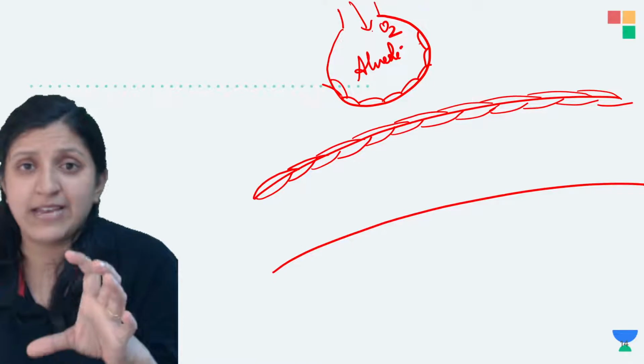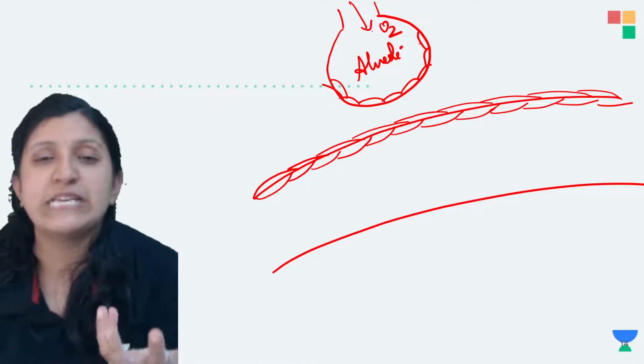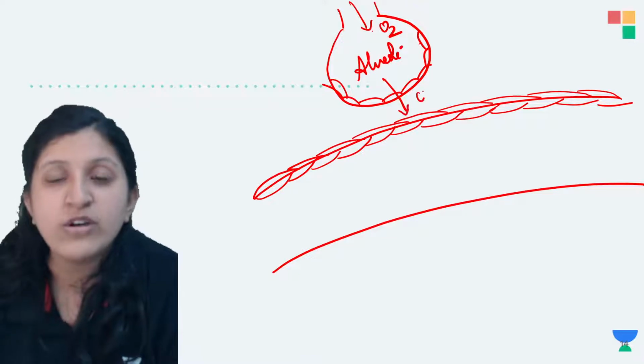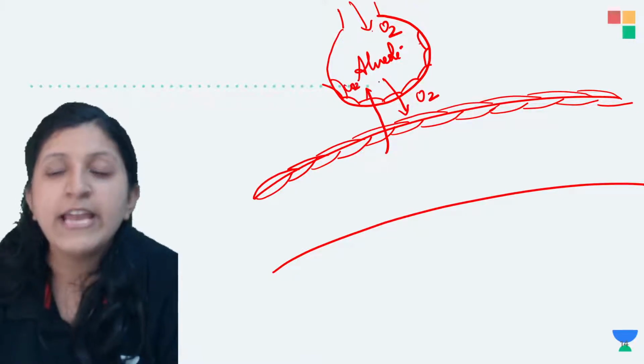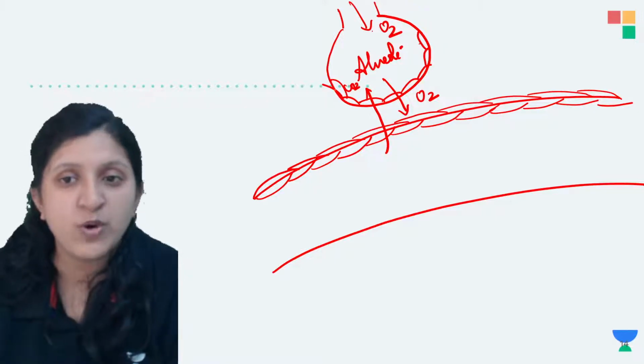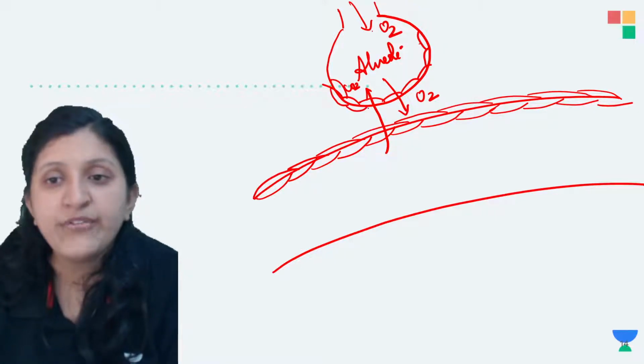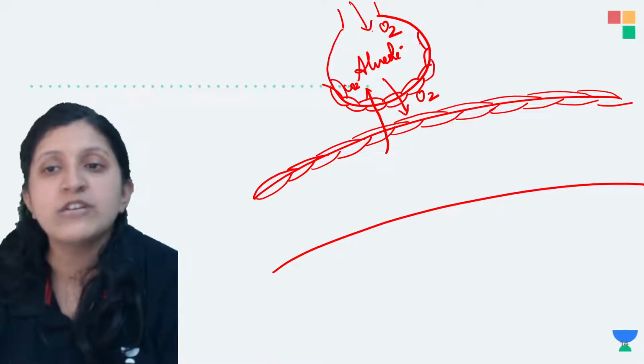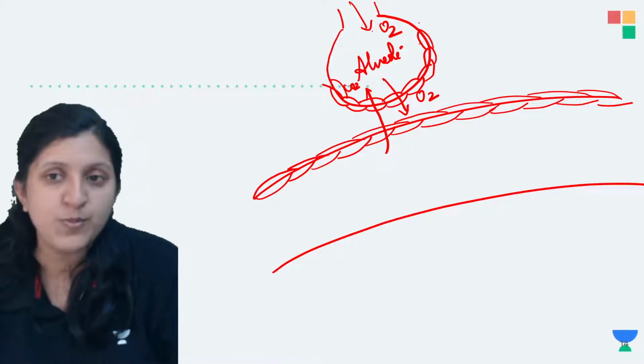If the cells were thicker, like columnar or cuboidal, easy diffusion of oxygen and carbon dioxide into the alveoli would not be possible. For diffusion, from high concentration to low concentration, you can see the movement of these molecules.